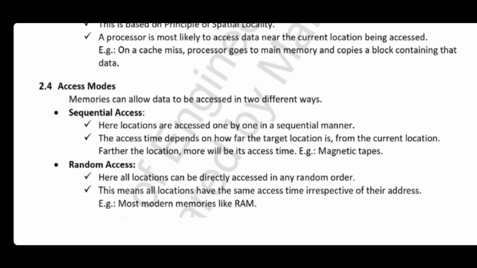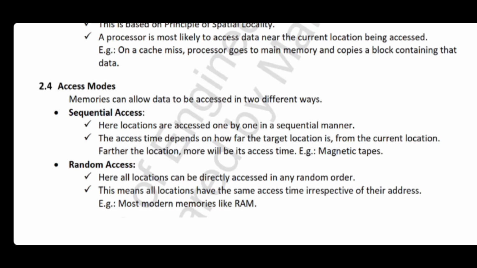So if the address is very far, how far the target location is from the current location, if the target location is very far from the current location, then the access time will be increased because it will access that data sequentially, that is one by one, and it will reach the target data one by one, so that it can take more time. So the access time is more in sequential access since it accesses one by one sequentially.